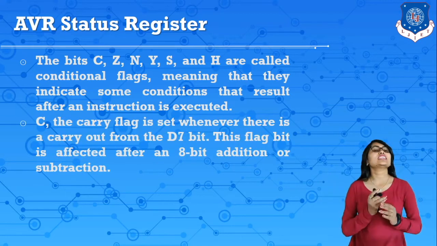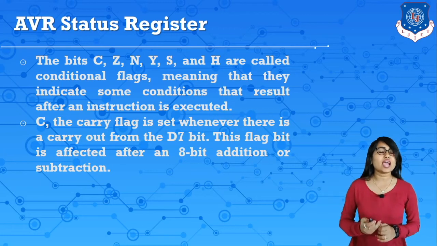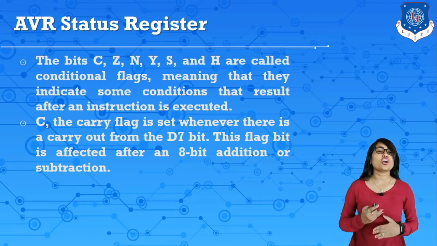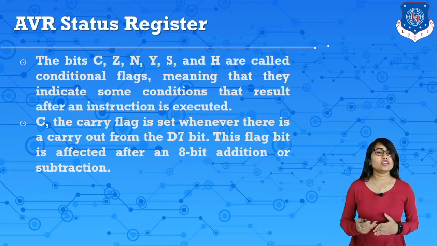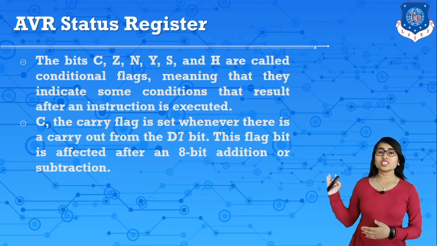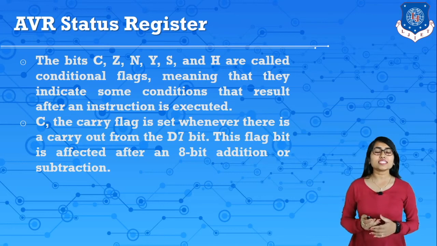The C carry flag is set whenever there is a carry out from the D7 bit. This flag is affected after 8-bit addition or subtraction.